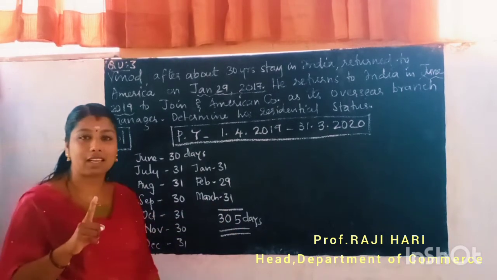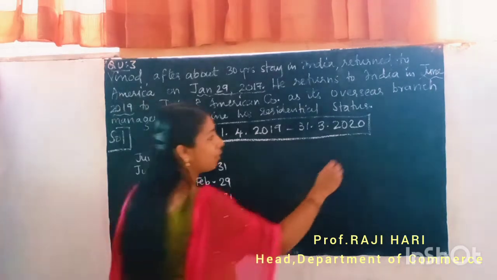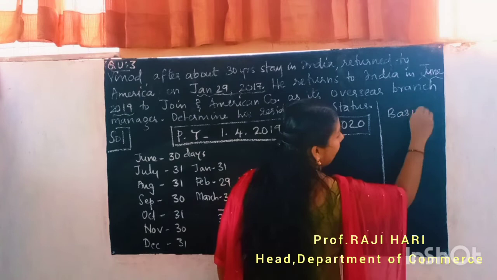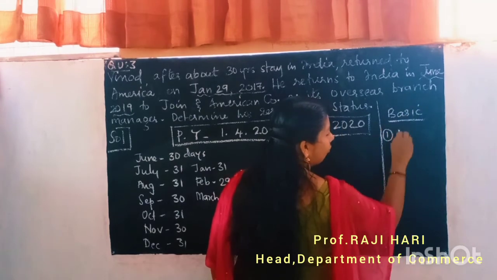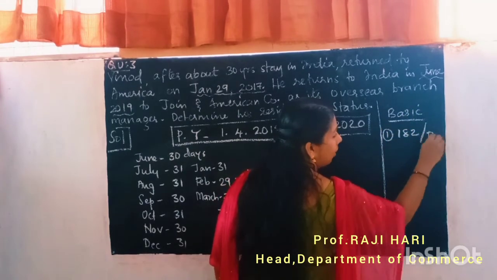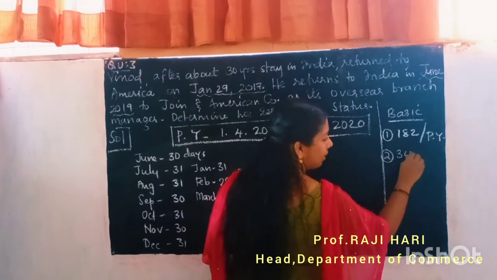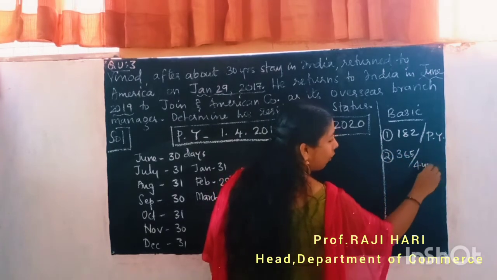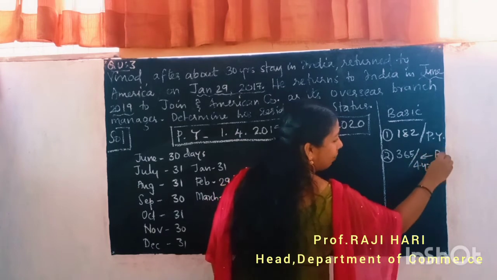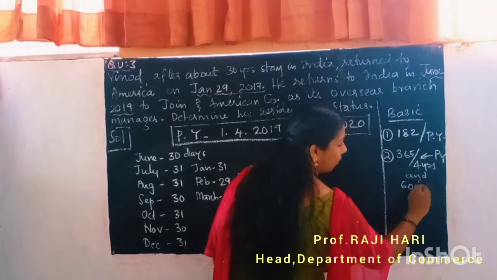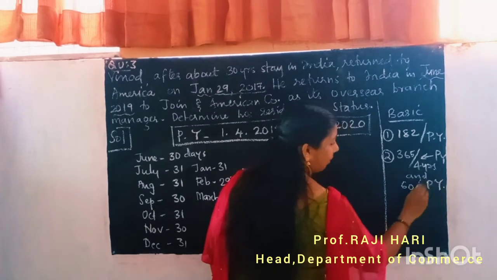Our first basic condition is that. What is the first basic condition? 182 days during previous year. Second basic condition, 365 days out of 4 years preceding the previous year and 60 days during the previous year.